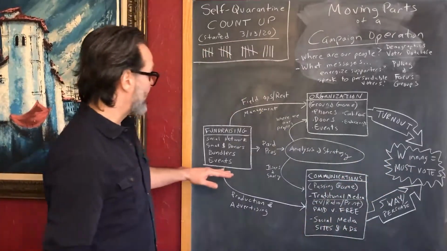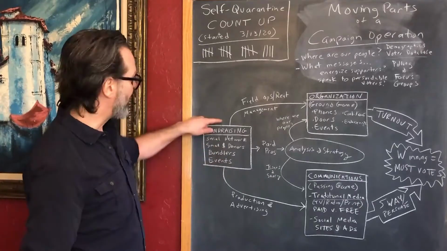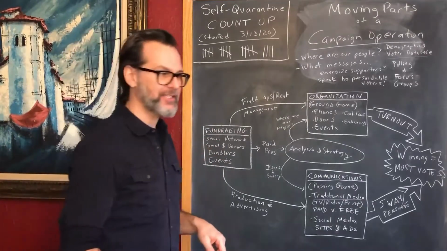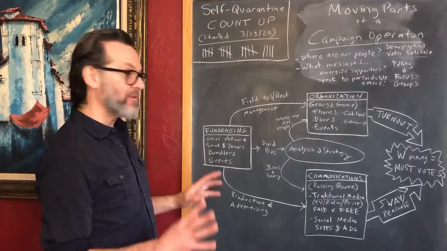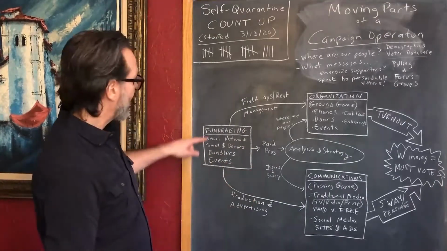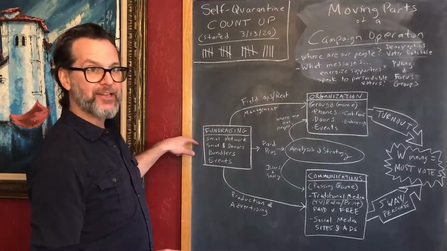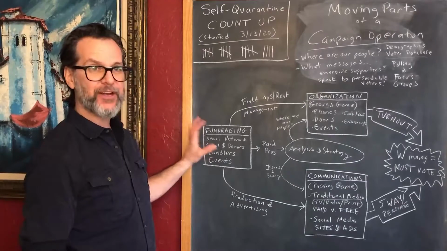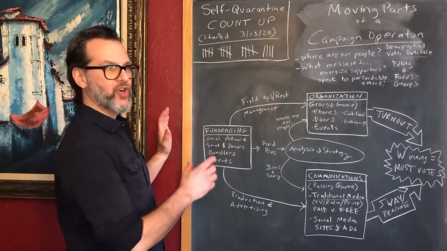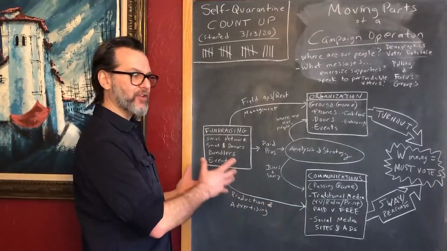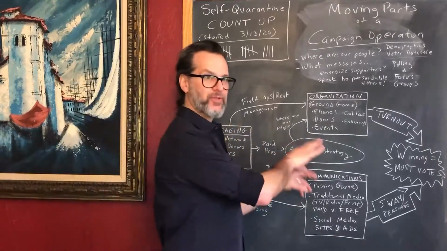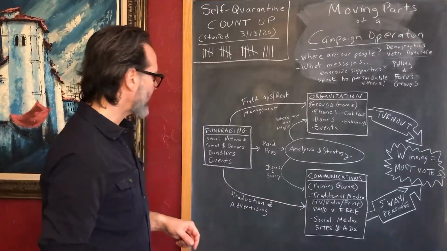So some of the energy, and actually I should have an arrow, and I won't add it, but there is an arrow here where some of the money needs to go back into fundraising, but fundraising is prior in terms of the chronology of a campaign, and it's also over here on the left always pushing fuel into the rest of the system.